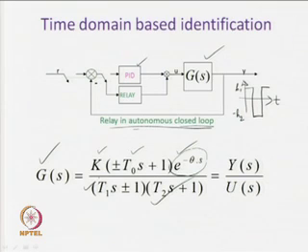Now, the output and input to the system are assumed to have the Laplace transform forms Y(s) and U(s). So, the system output in Laplace domain is denoted by Y(s) and the input by U(s).